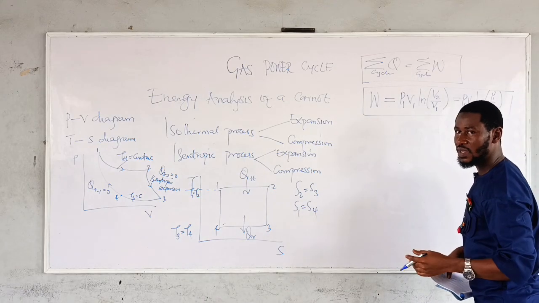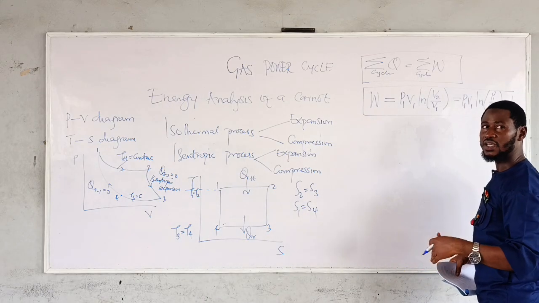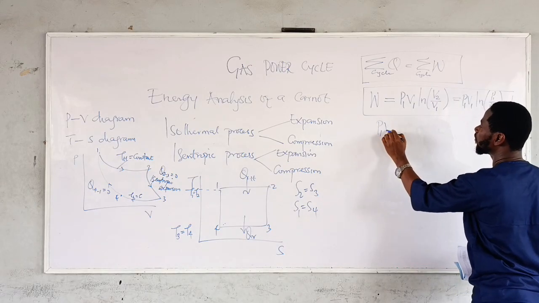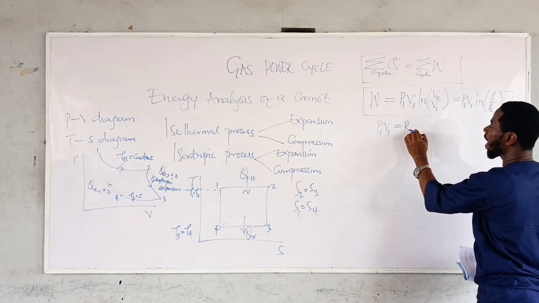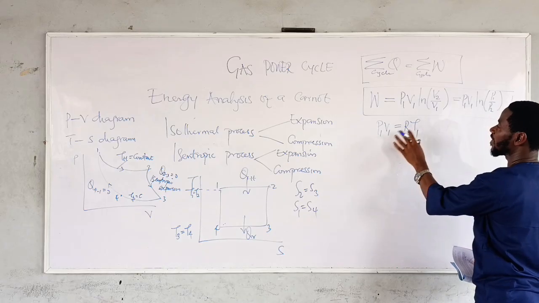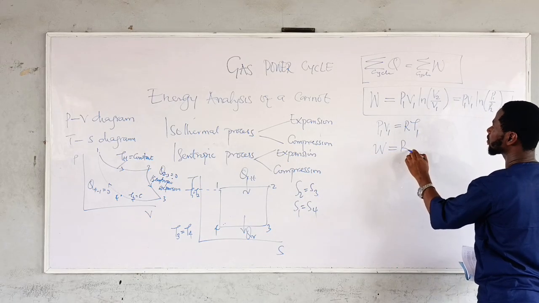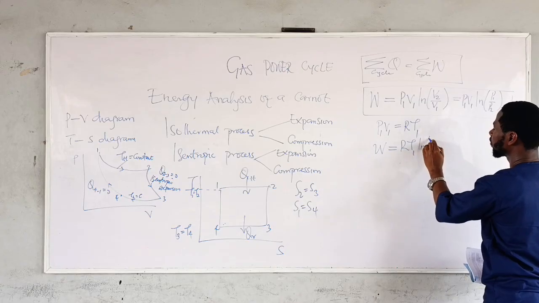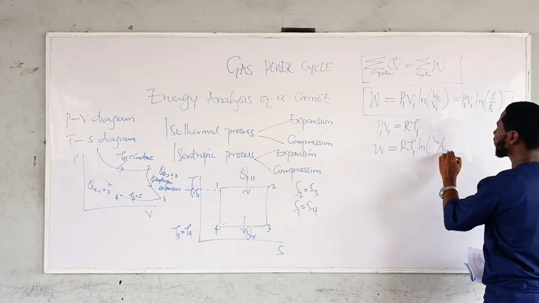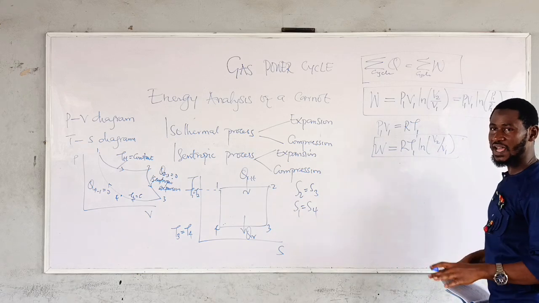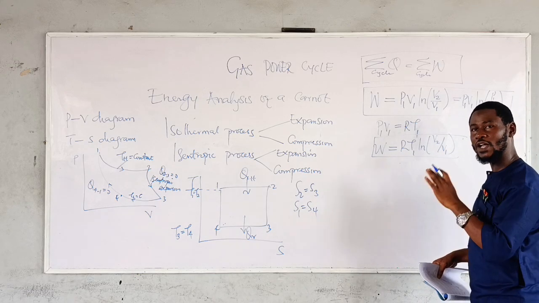And this expression, according to the equation of state, where P1 V1 equals to RT1, can also be represented as W equals to RT1 ln V2 over V1. So this is what we are going to use in analyzing process 1 to 2.